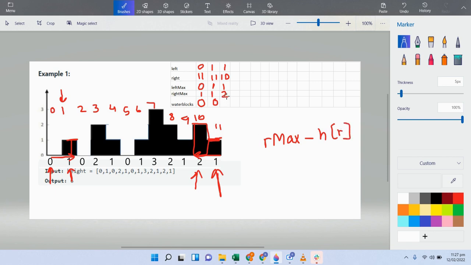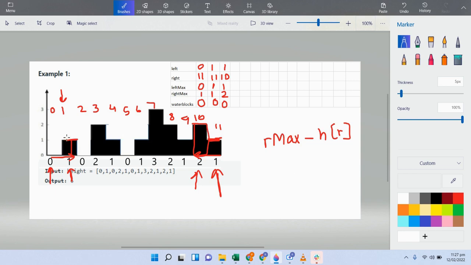So my max value is 2 and my height at point 10 is 2. So 2 minus 2 is equal to 0. I don't have any block where I can store water.